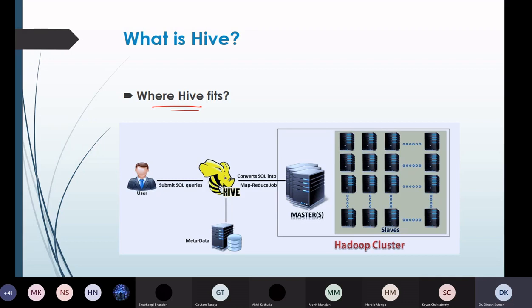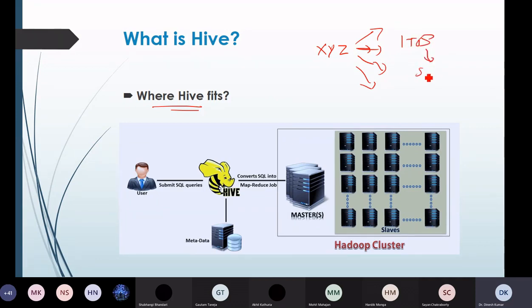But before going into the details of this particular component, I would like to add here that let's say we have an organization called XYZ. And this organization generates huge amounts of data daily because it has many branches all over the world. So approximately it generates, let's say, 1 TB of data daily, and that data is also not structured.